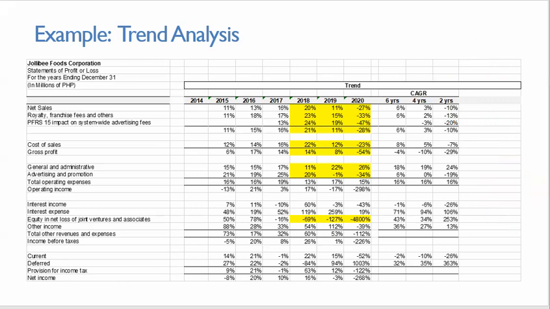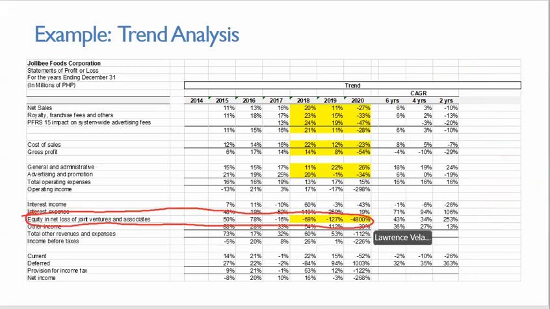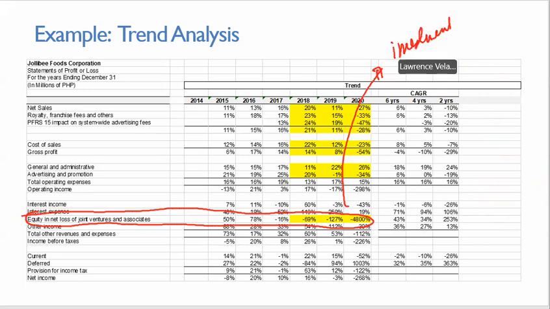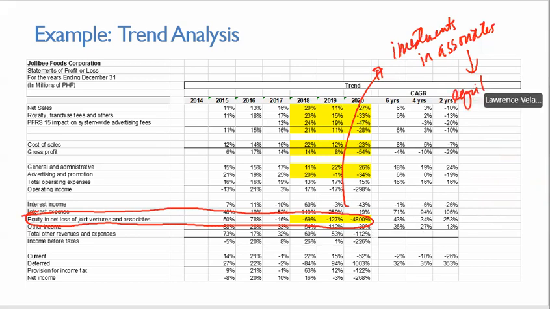Okay? Next, another item worthy of analysis here is equity loss in joint ventures and associates. If you remember, in your 99.2, this pertains to investments in associates kung saan there will be equity share in net income of the associate in the books.